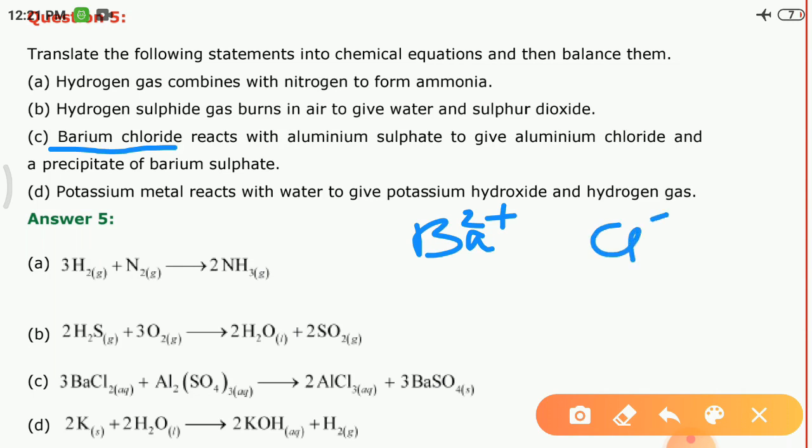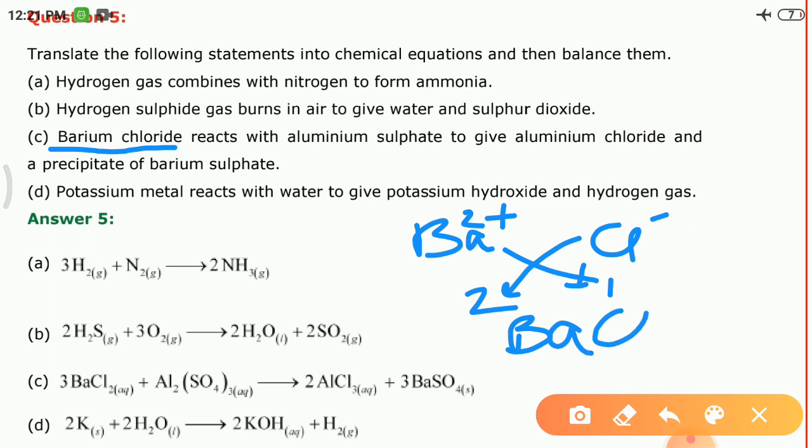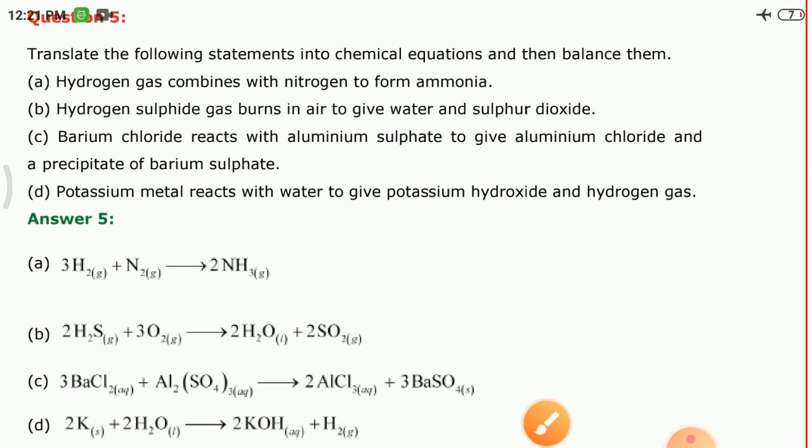Barium's valency is 2 and chloride valency is 1. As we cross it, it will be BaCl2. I gave you an example of how to make the formula. Already we have studied this in class 9th. So the formula of barium chloride will be BaCl2.